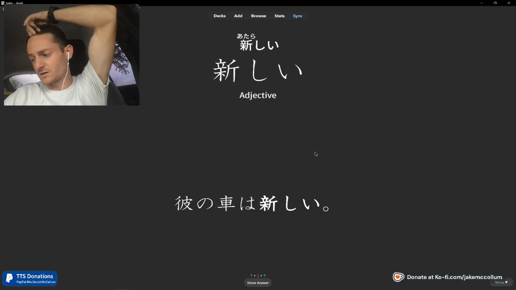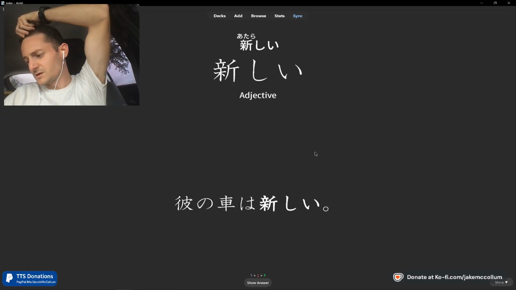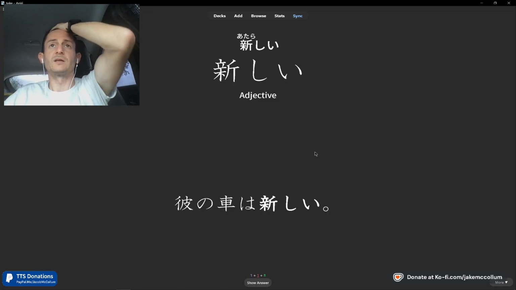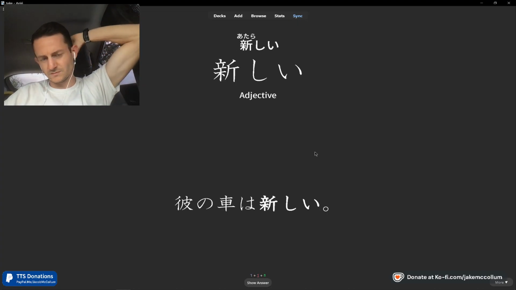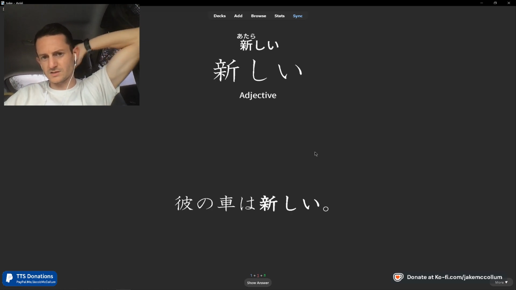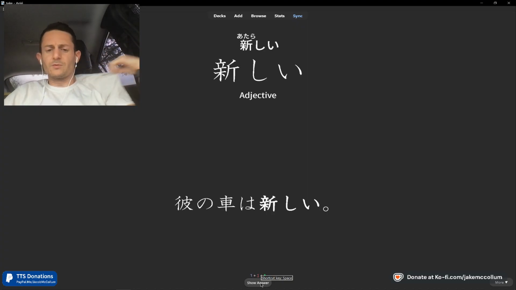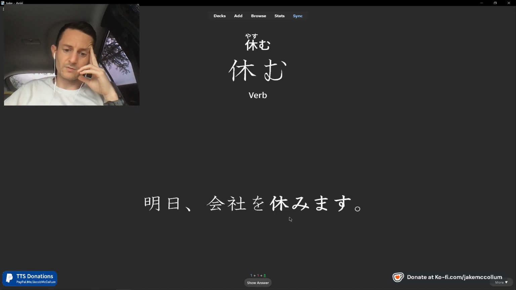Like she's new, she as in car. Oh, I see what you mean. Like the Prius is new. She's new. Kuruma Atarashi. That could work. 新しい。彼の車は新しい。 Okay, we remember that time.